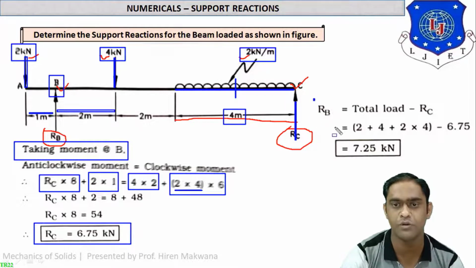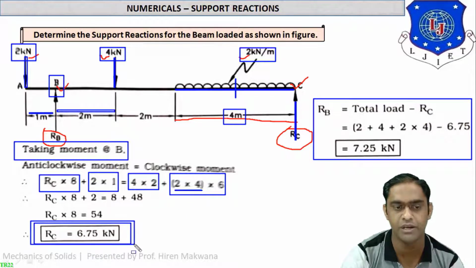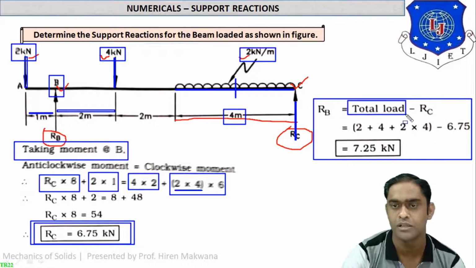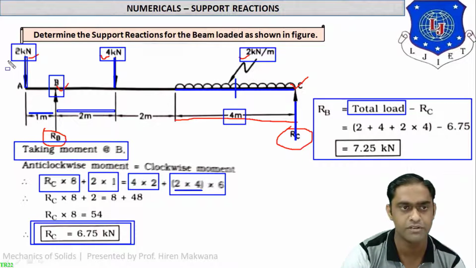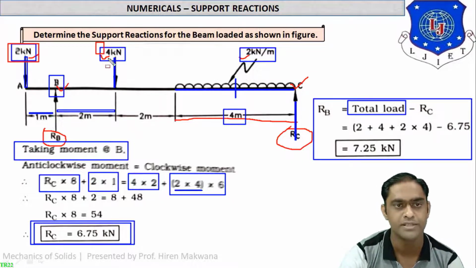Now as per our regular method, total load minus RC, the first reaction which we have calculated. Just subtract this reaction from the total load. Now what is the total load? The first one is a 2 kilonewton point load, the second one is a 4 kilonewton point load, and the third one is 2 into 4, 8 kilonewton UDL.